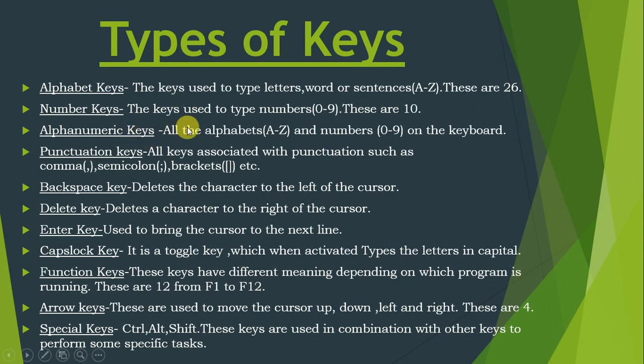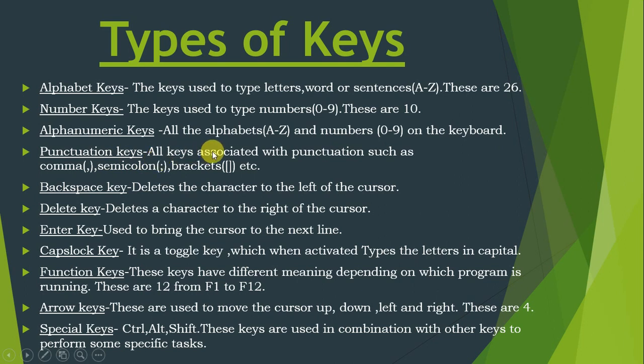Alphanumeric keys. All the alphabets from A to Z and the numbers from 0 to 9 on the keyboard come under alphanumeric keys. See, the name is made up of 2 words, alphanumeric. Alpha means alphabets and numeric means numbers. So it consists of all the alphabets as well as the numbers. Punctuation keys.